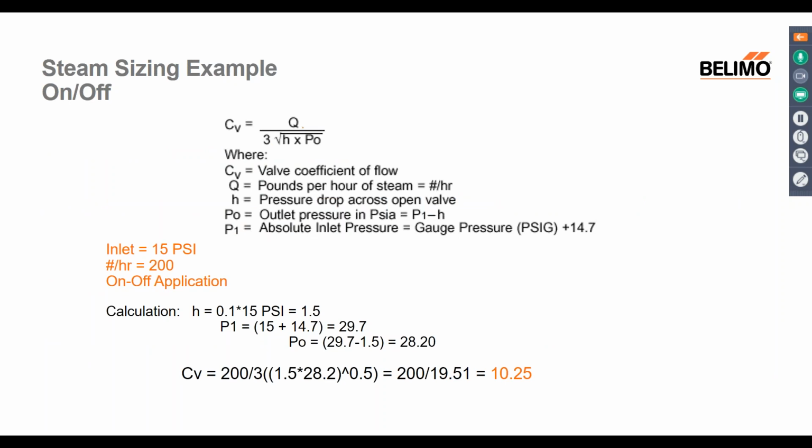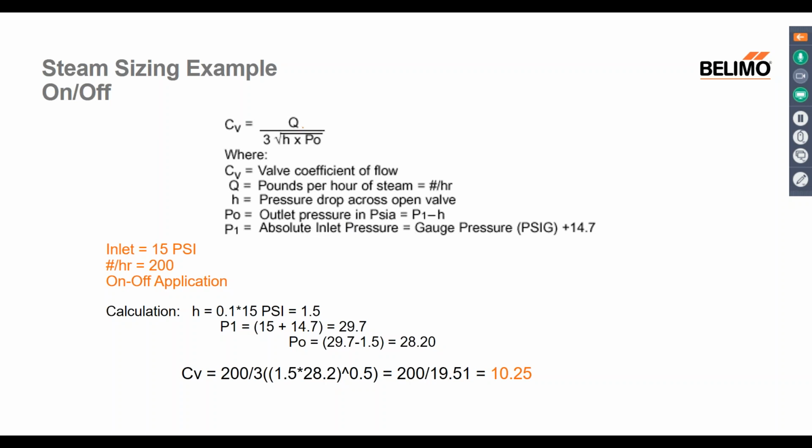So here's the example. Here's the math for an on-off system taking the 1 pound drop, with the inlet at 15 at 200 pounds per hour. And down here we have first the identification, CV, the valve coefficient of flow. The CV is the true size of the valve, the true cross-sectional area of the orifice of the valve.